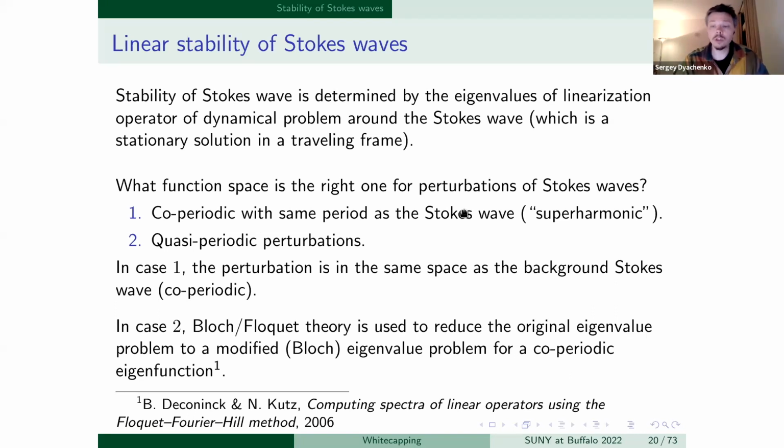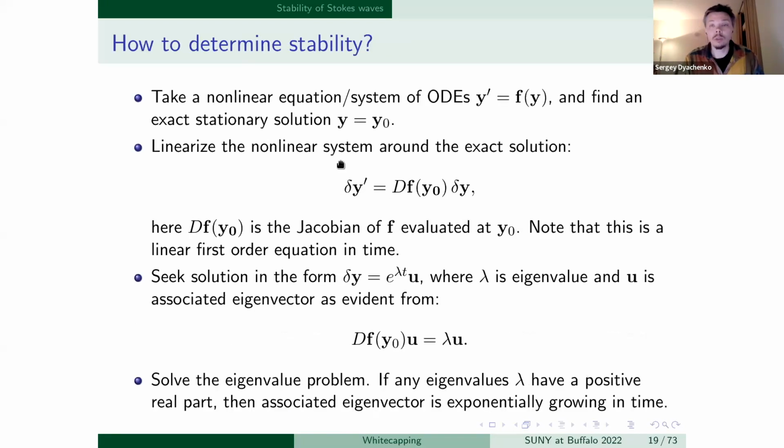So we know that a Stokes wave, when viewed in a reference frame traveling together with its speed, has a shape of the surface that doesn't vary in time, right? So we get exactly a stationary solution of a system, which is exactly what we need for part 1.